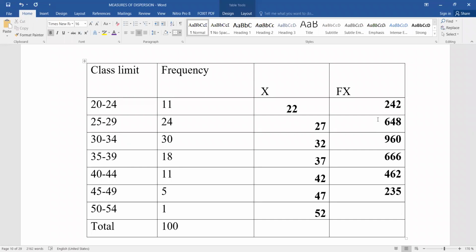Next value. 52. Add up everything in that column.